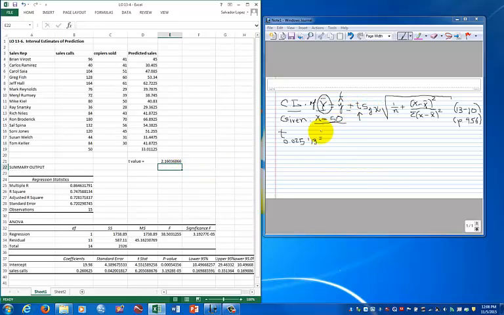So we use here 2.16, so let me replace these values here.